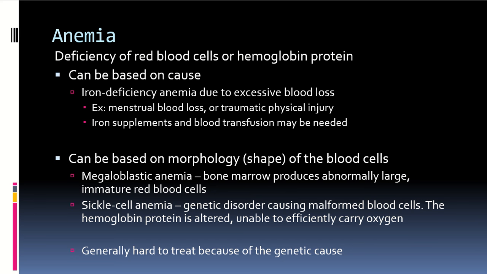Anemia can also be based off of morphology, or the actual shape of the red blood cells themselves. And two examples of anemia that are caused by morphology are megaloblastic anemia and sickle cell anemia. Megaloblastic anemia is essentially when the bone marrow produces abnormally large and immature red blood cells.